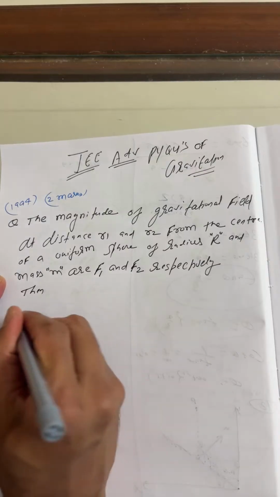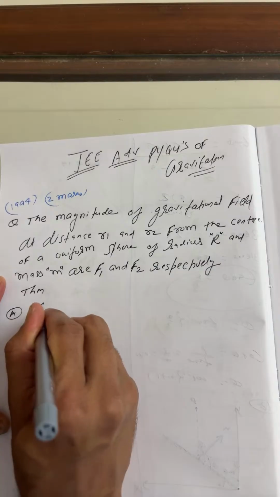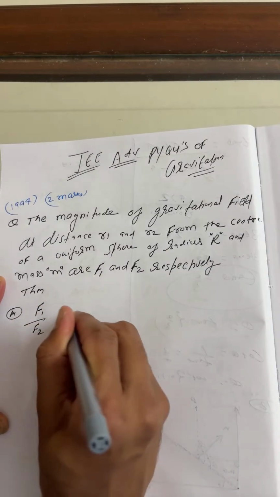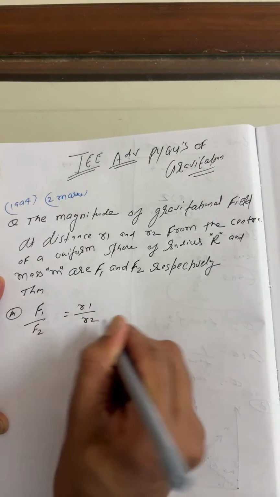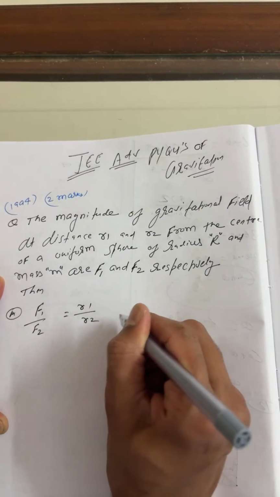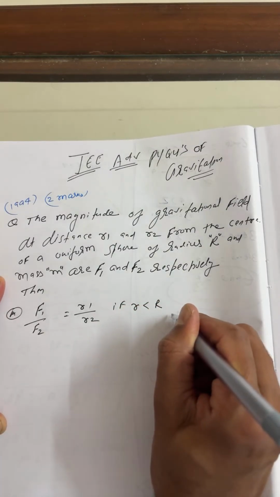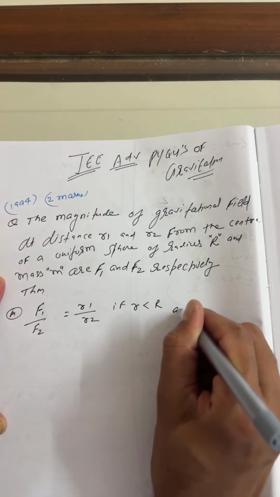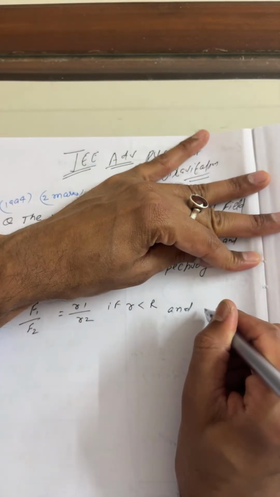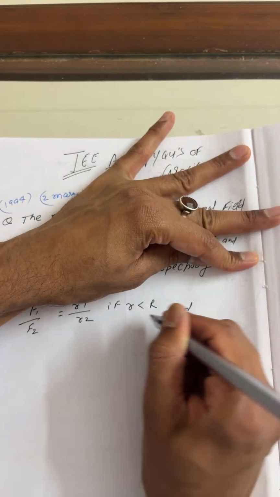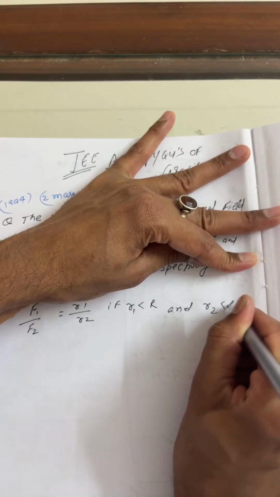Then, students, option first: F1 by F2 equals r1 upon r2 if r1 is less than R and r2 is less than R.